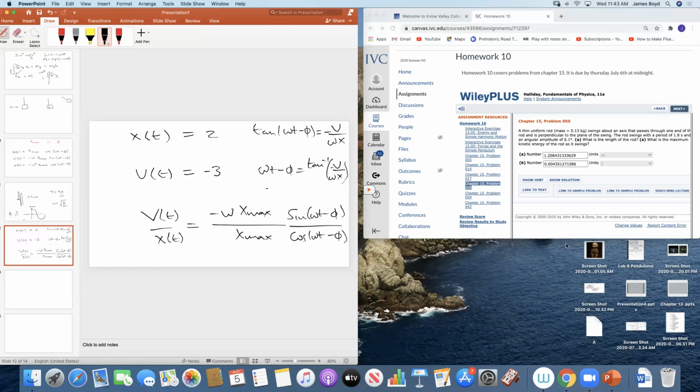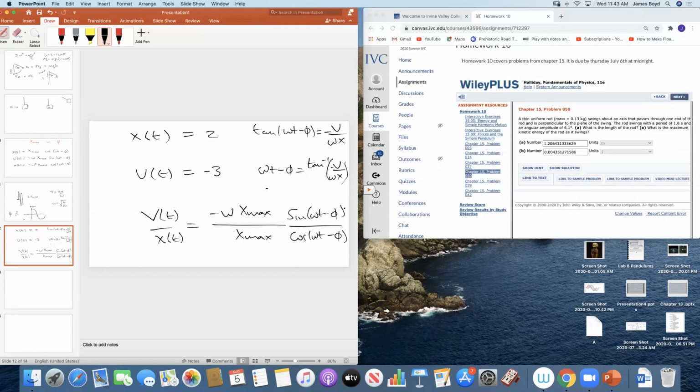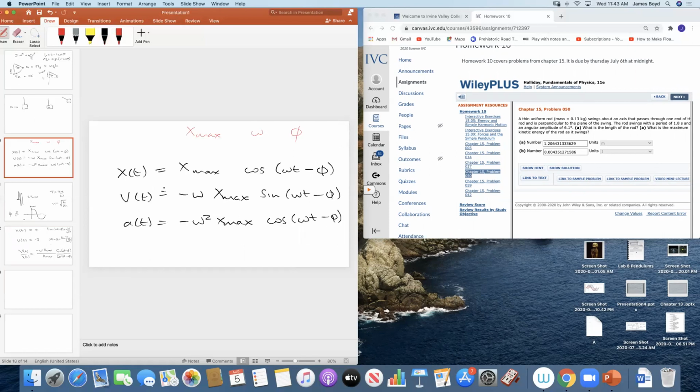You have to do that in one of these homework problems, and we'll talk about that in a minute. But phi is always the hard thing. Once you find phi though, you have these equations, and then you can ask a few questions. But really the hard part of oscillations is just figuring out what the heck omega, phi, and x max are.